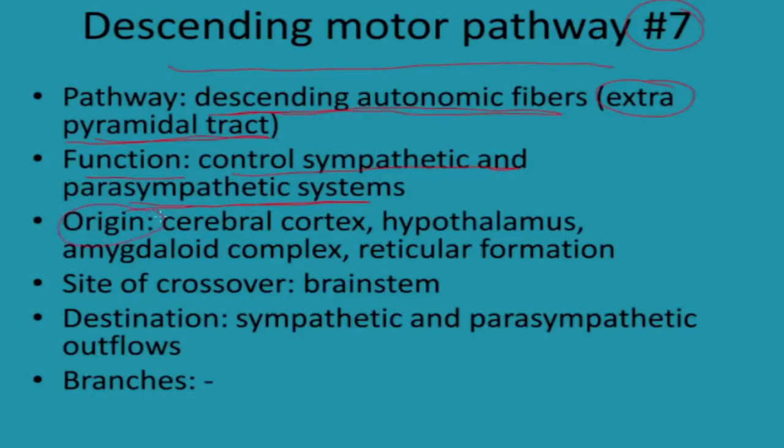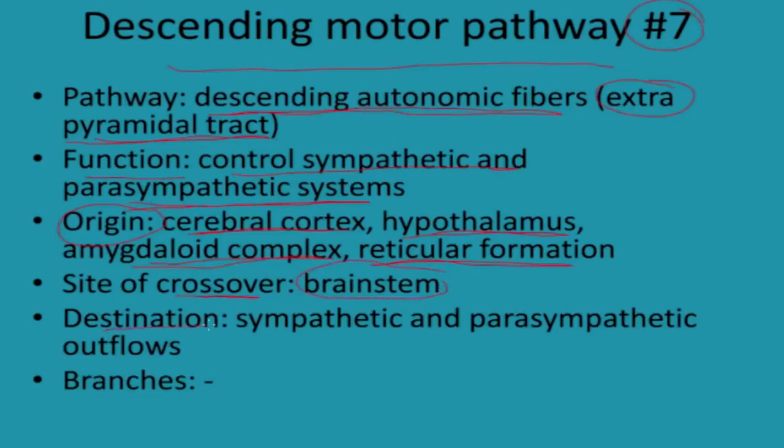They originate from the higher centers of the central nervous system, which are in charge of autonomic control. These are the cerebral cortex, the hypothalamus, the amygdaloid complex, and the reticular formation. As these tracts descend, they cross over in the brainstem.